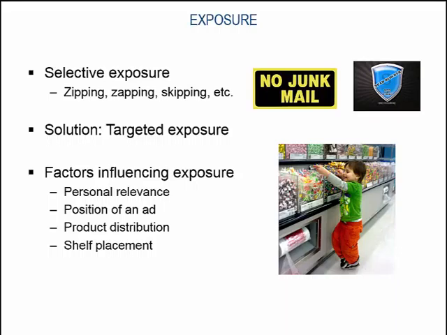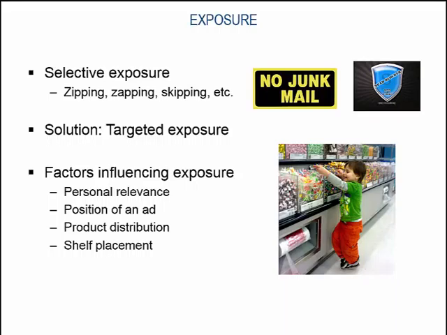So what is the solution? Companies now understand the value of what we call targeted exposure. That is, targeting your advertising messages only to consumers who are likely to be interested in them, which again underlies the importance of personal relevance, which we discussed last week.